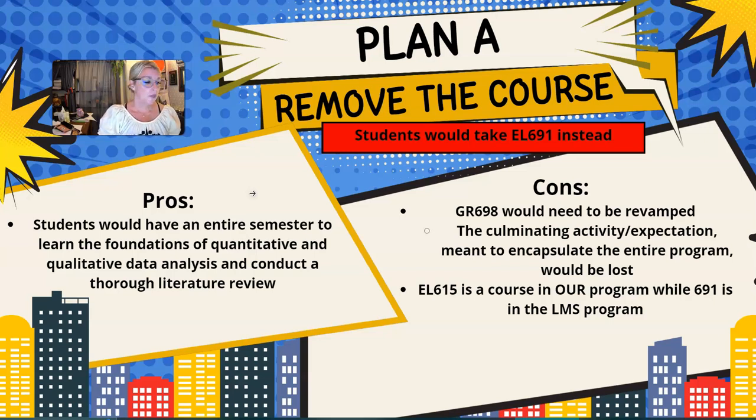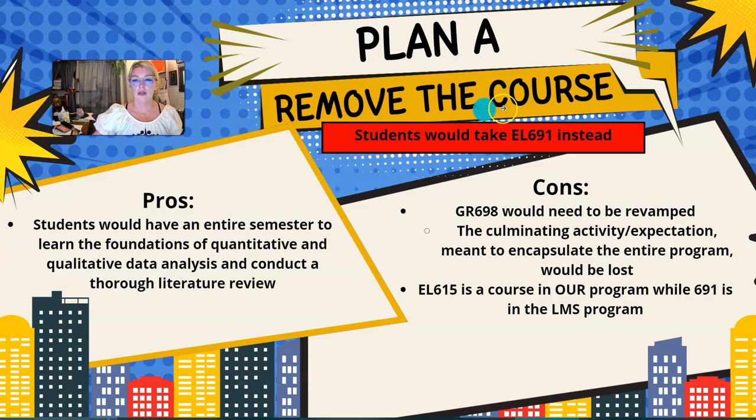And having been in on a 698 presentation of somebody who went through 691 instead of 615, I can tell you that student did a good job. Basically, they presented their literature review.